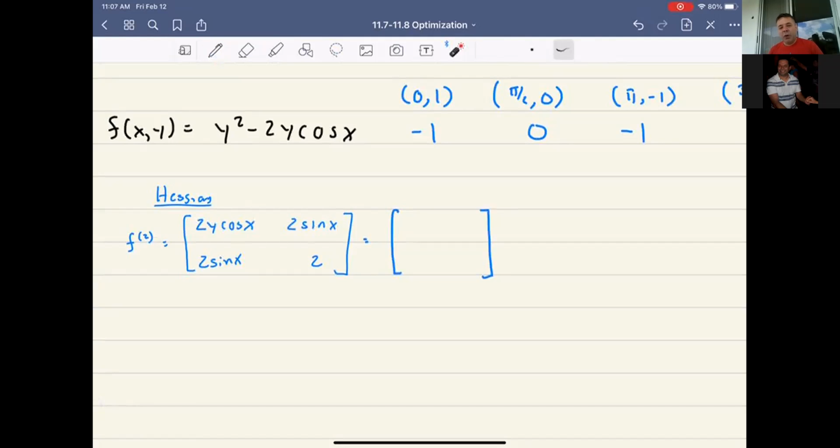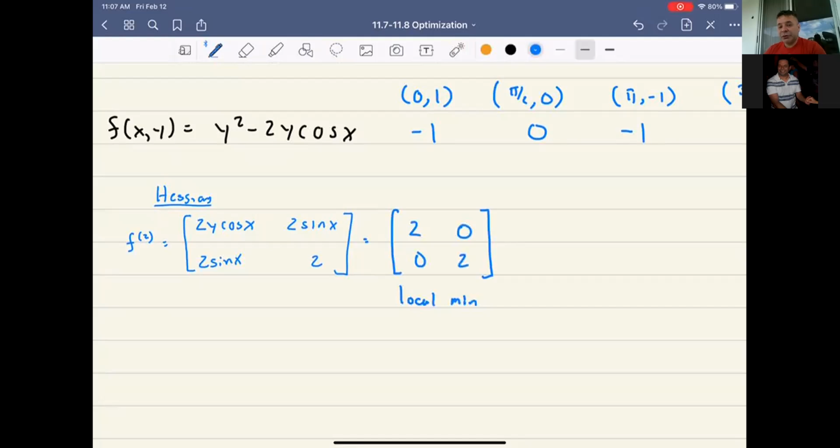When x is 0, y is 1. So cosine of 0 is 1, so we're going to get 2. Sine of 0 is 0. So what do we have there? We have a local min.